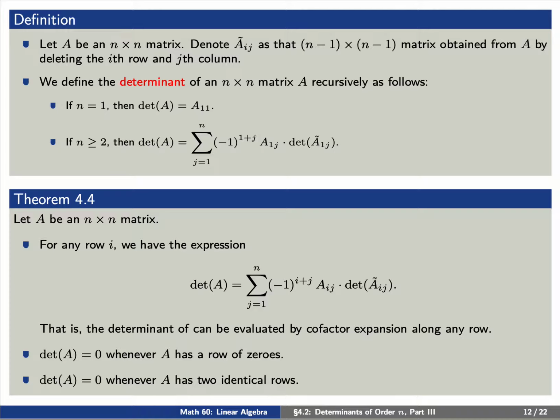Now we can prove that we have a sum where it does not depend which row i we choose. We'll say here that the determinant can be evaluated by a cofactor expansion along any row i. Second, the determinant of A is equal to 0 whenever A has a row of zeros. And third, the determinant of A is 0 whenever A has two identical rows.